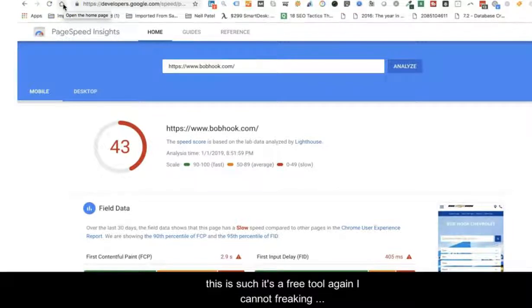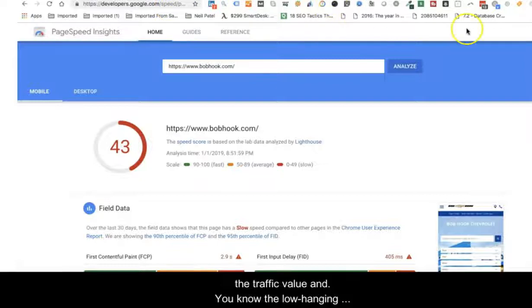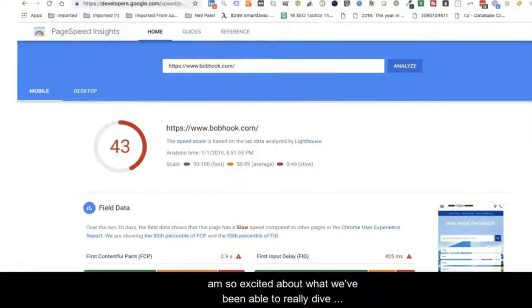So start taking advantage of them, and then pay money, that $14 a month, for the tools that you do need if you get to the level that you need that type of information, because of the traffic value and the low-hanging fruit that you've been able to already correct. And so again, I am so excited about what we've been able to really dive in today.